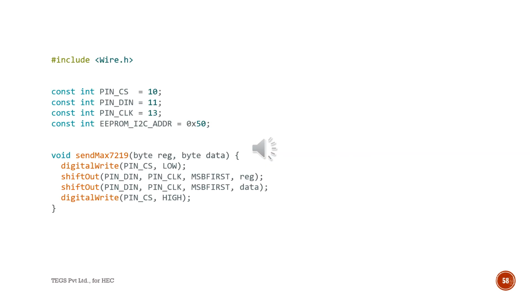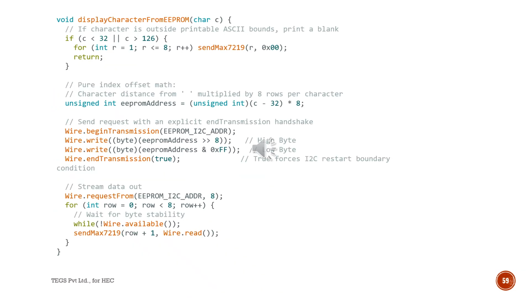The code in this page initializes the wire pins for SPI, serial peripheral interface, transaction and send max subroutine is initial. This page contains the display character from EEPROM subroutine.